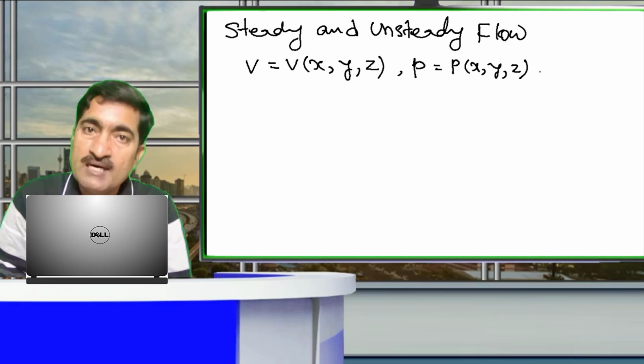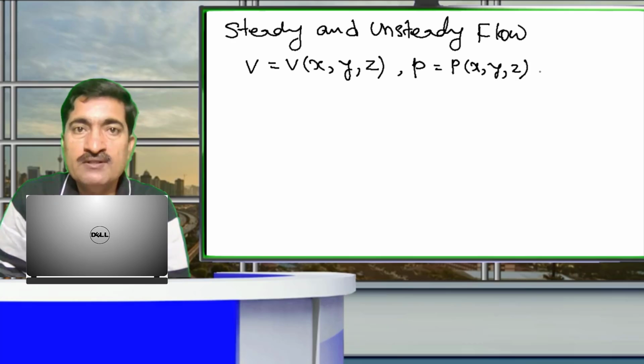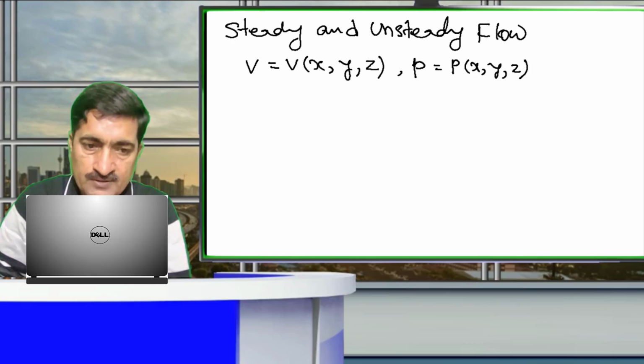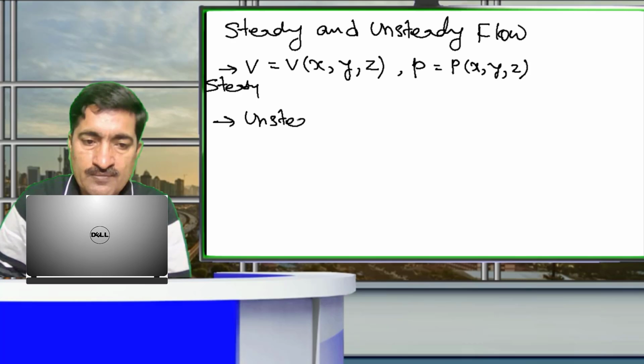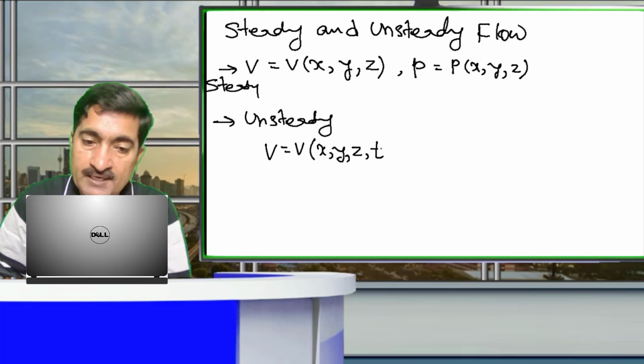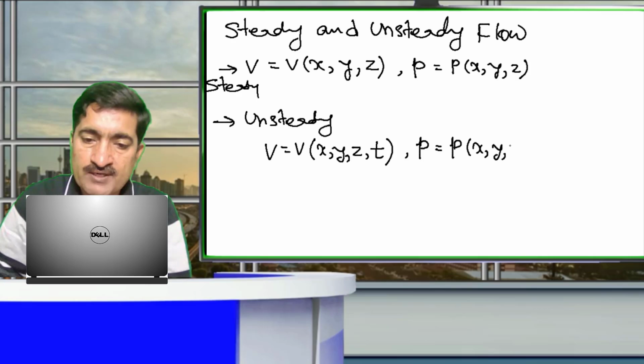In the case of unsteady flow, the properties vary with time. This is for steady, and for unsteady, V means velocity, it is a function of coordinates x, y, z and time t. P is a function of x, y, z coordinates and time.